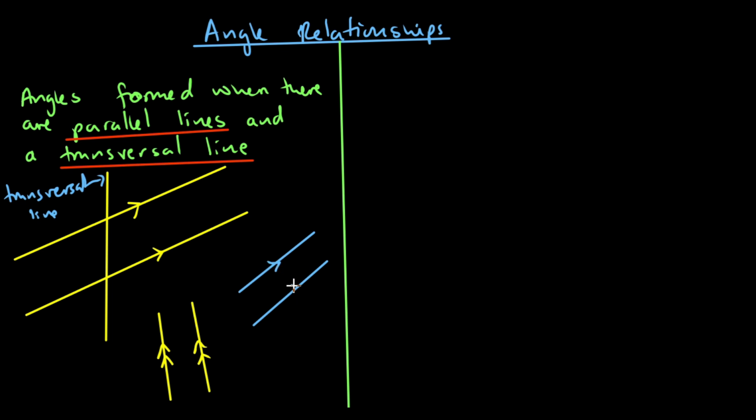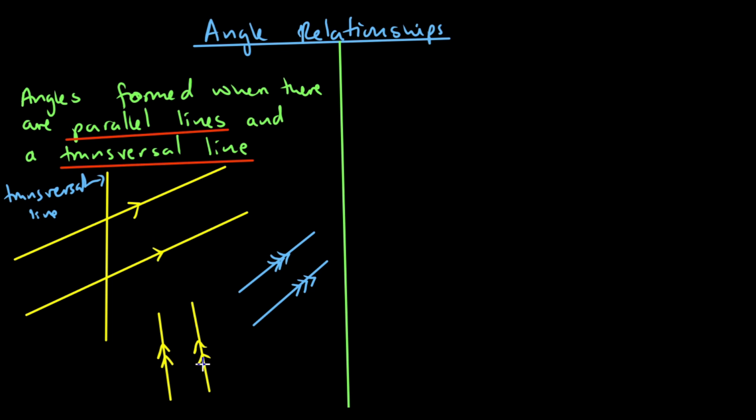So, if we want to tell people that the lines we have here are parallel, we need to use these arrows. We may use one arrow like this, or double arrows like this, or triple arrows like this. If these arrows are not there, then the lines are not parallel. This line and this line are parallel because the arrows are telling us so.